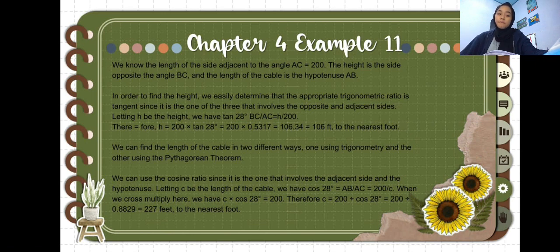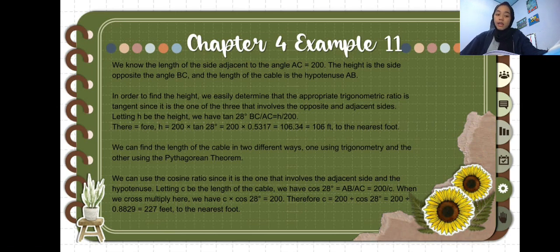Letting C be the length of the cable, we have cos 28 degrees equals AC per AB, equals 200 per C. When cross multiplying, C times cos 28 degrees equals 200.